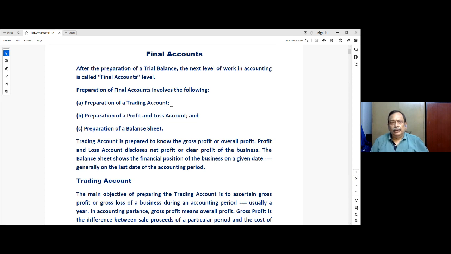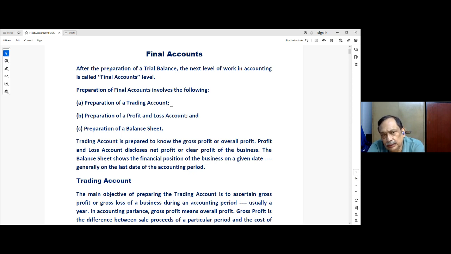The profit and loss account discloses the net profit or clear profit of the business. The balance sheet shows the financial position of the business on a given date, generally the last date of the accounting period.